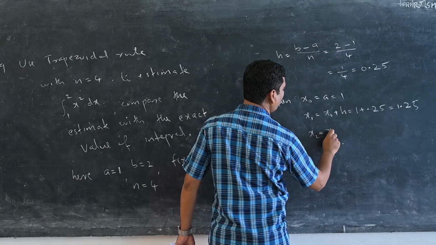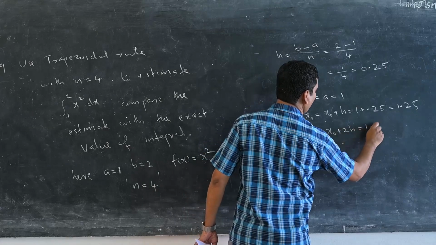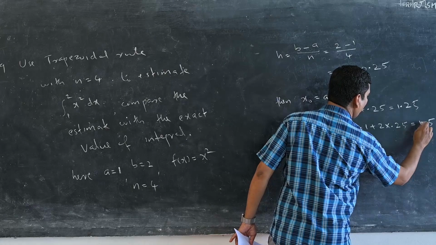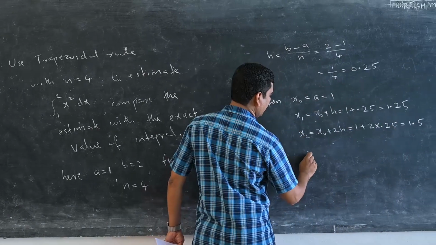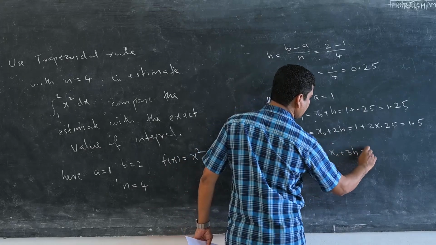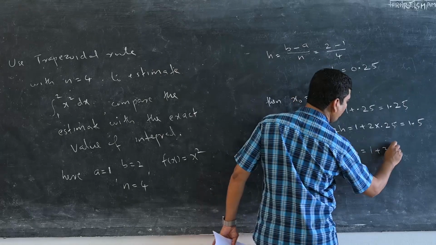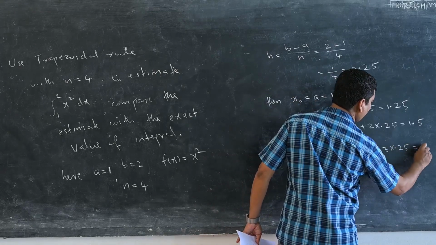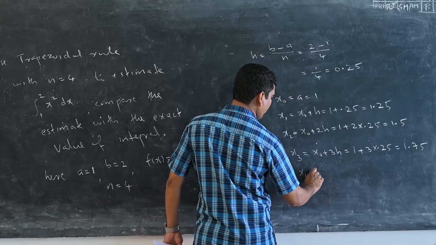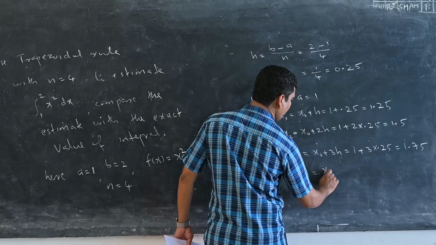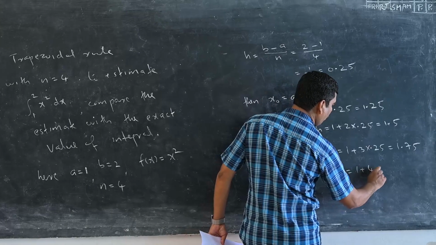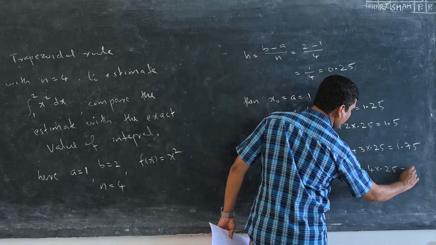X2 is equal to x naught plus 2h, 1 plus 2 into 0.25, 1.5. X3 is equal to x naught plus 3h, 1 plus 3 into 0.25, 1.75. X4 is equal to x naught plus 4h is equal to 1 plus 4 into 0.25, it is 2.